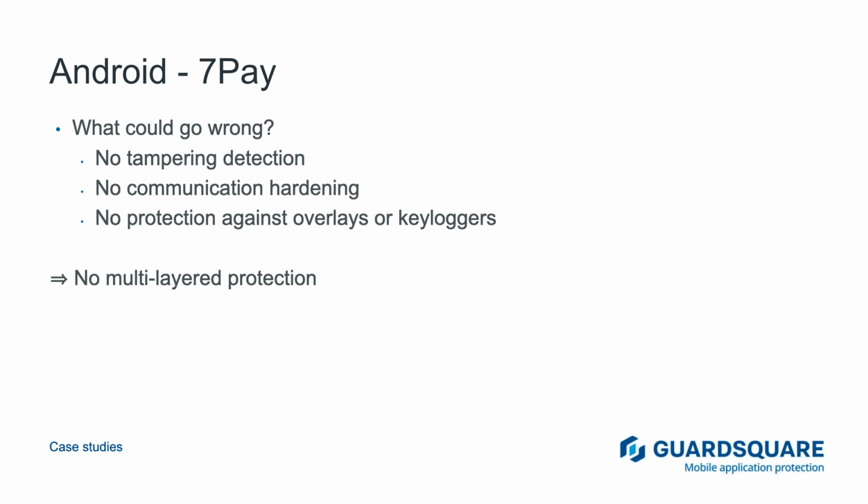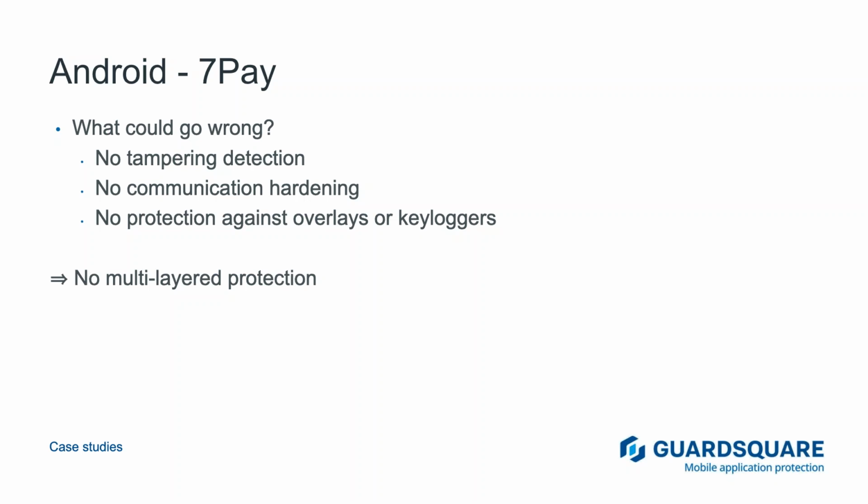So what could go wrong in such a scenario? Well, there was no tampering detection. Tampering detection could have prevented people from distributing these clones, as you can make the application crash if you detect that the app is resigned, for example, or changed in another way.